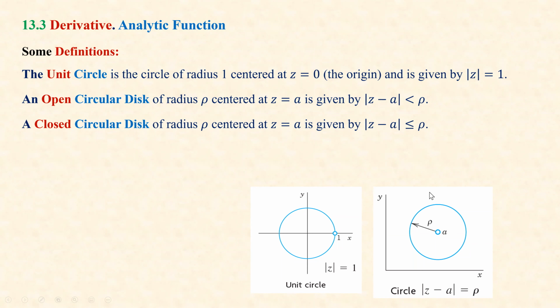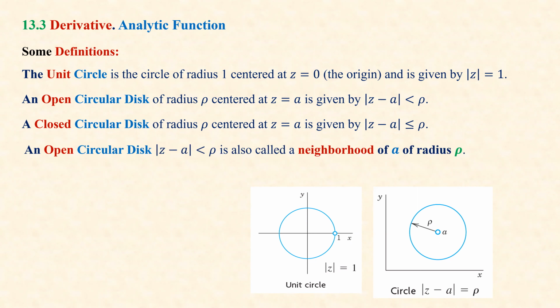It means that all the points that are on the circle are also included in this set. So if the circle is also in the set, we call it a closed circular disk. Why do we call it closed? We're going to define closed soon as well.